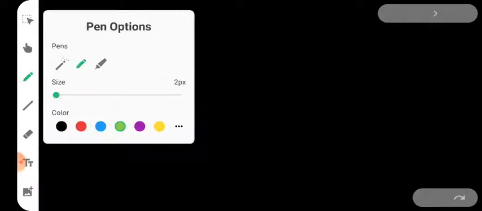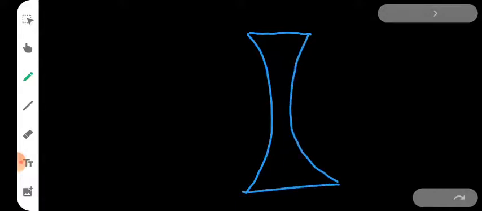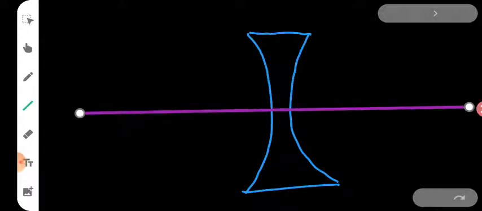So just let me get into that. How does it look? So there is your concave lens and there is your principal axis. So this is the ray diagram of a concave lens.